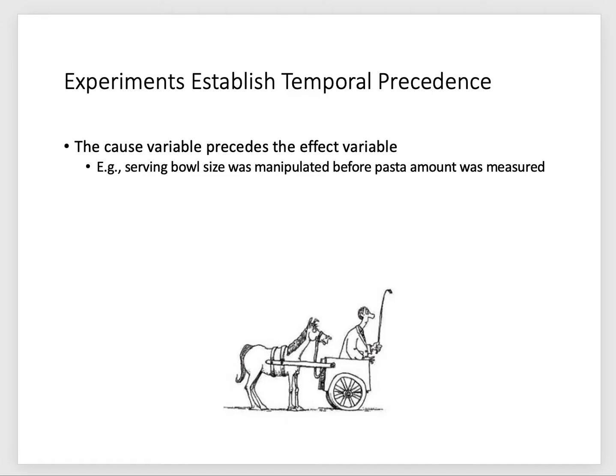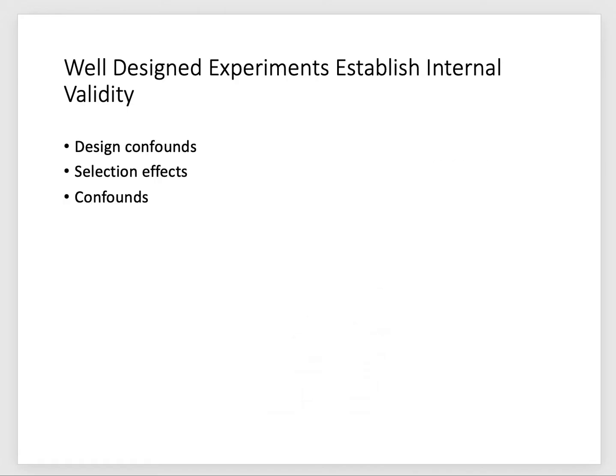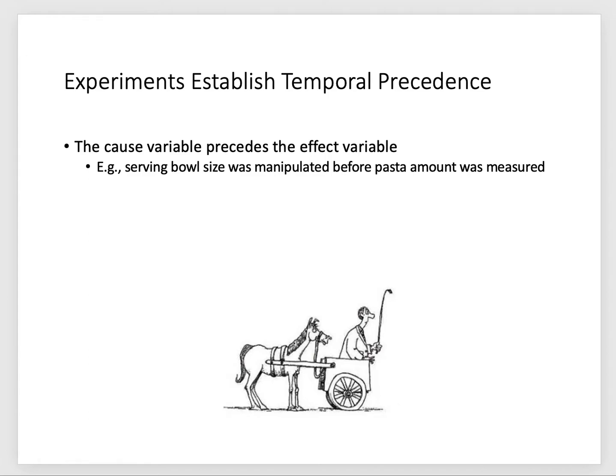That people have to be presented with a certain size of a serving bowl before they serve themselves or eat the pasta. So that's obviously taken care of in that experiment. In most experiments, and we'll come back to this idea in a second when we look at the different types of designs, an experiment is set up to have the independent variable be delivered before the outcome is measured.